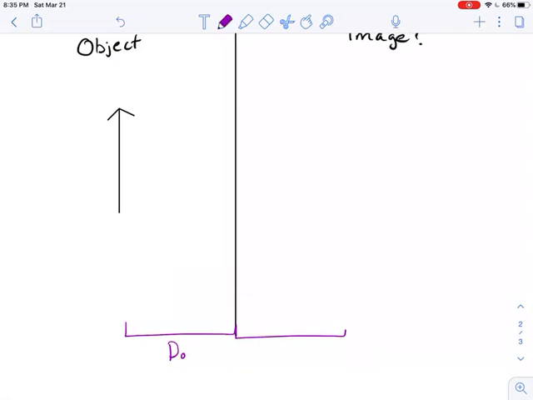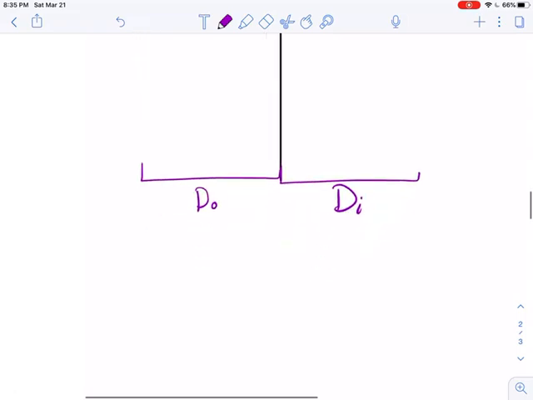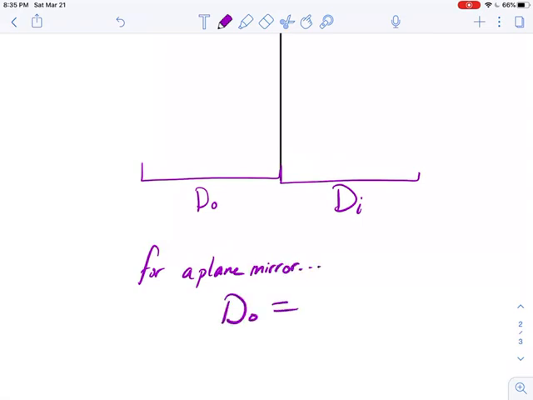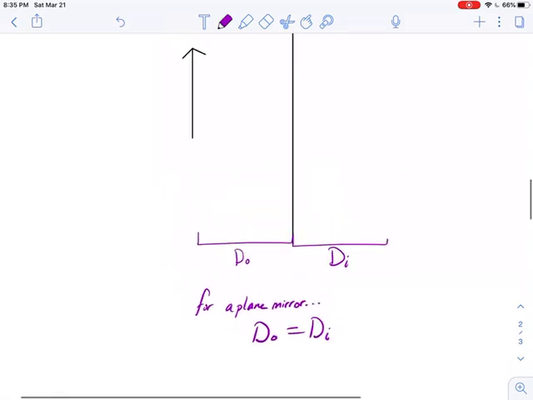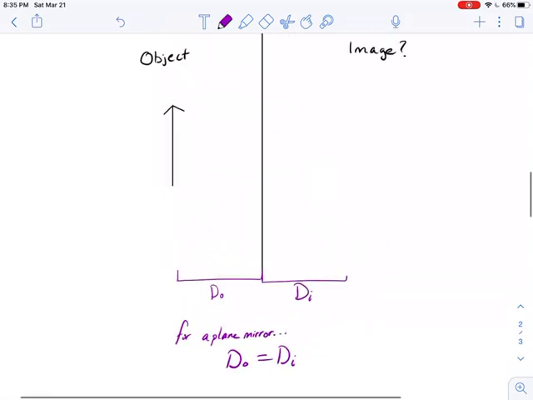That's only true for plane mirrors for right now. That helps me get an idea of where this image should be formed. So for plane mirrors, DO is equal to DI. Said a different way, the object's distance to the mirror is the same as the image's distance to the mirror back behind that mirror.